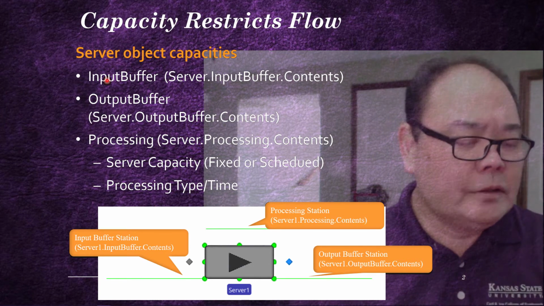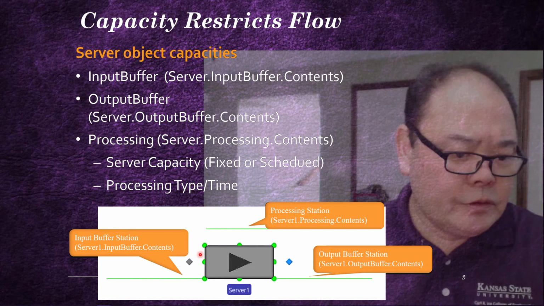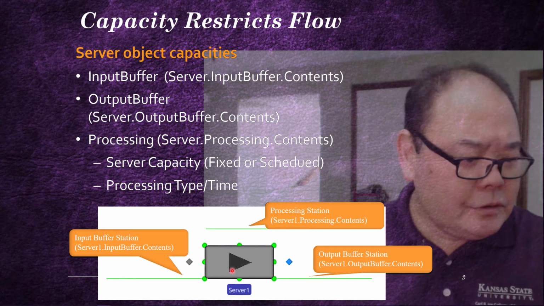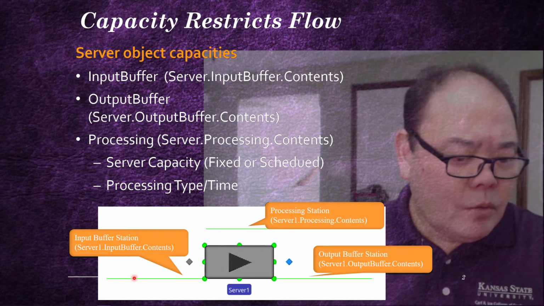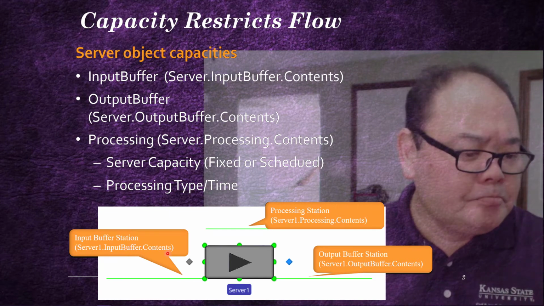First, a typical server has 3 green lines associated with it. One on the left-hand side is the so-called input buffer station.